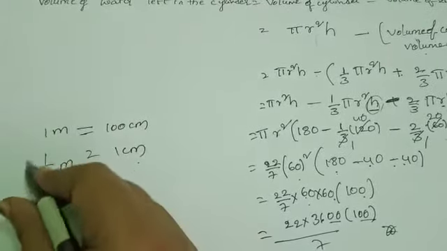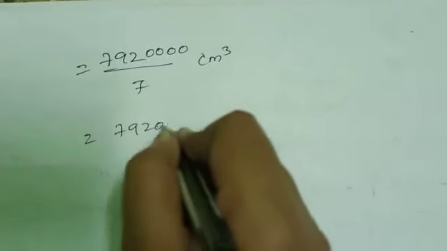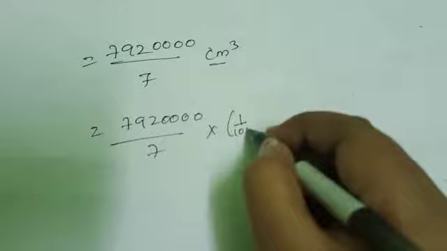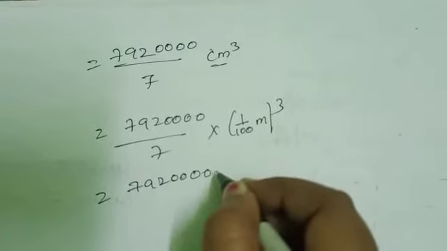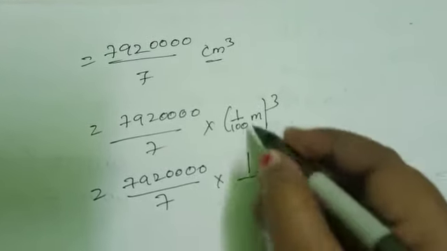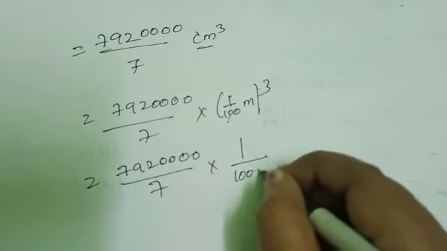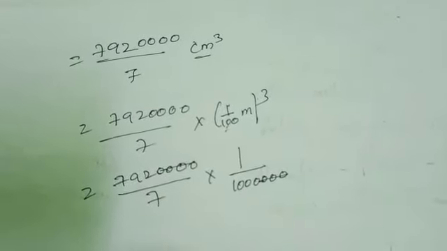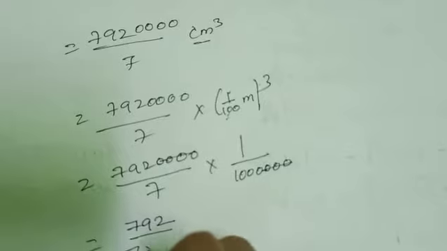In place of centimeter, we can write 1 by 100. 792 0000 by 7 into 1 by 100 whole cube, which is equal to 792 0000 by 7. 1 by 100 whole cube is 1 cube, 100 cube is 000000. 4 zeros, these 4 zeros get cancelled, which is equal to 792 by 7 into 100.